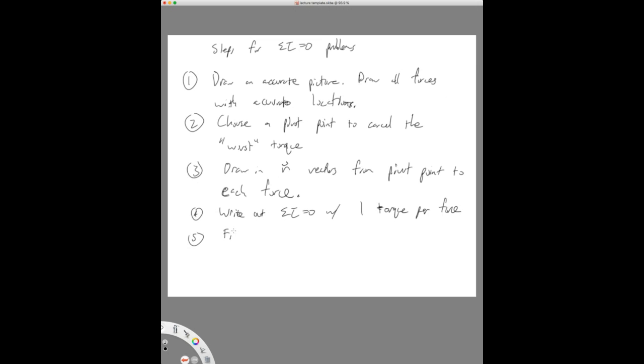We're going to fill in signs: plus for counterclockwise, minus for clockwise, 0 if R equals 0. So that allows us to cross out one of the torques.